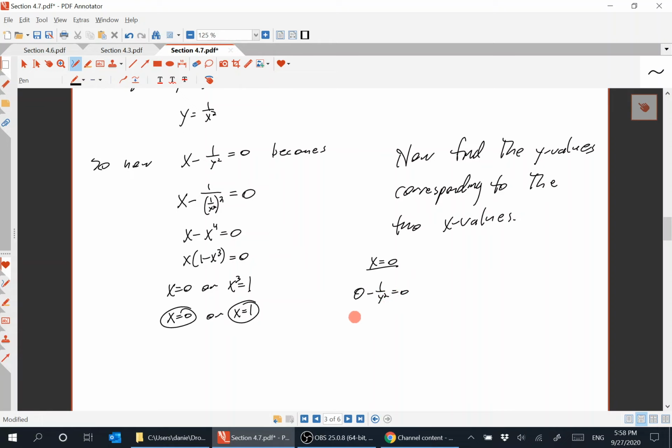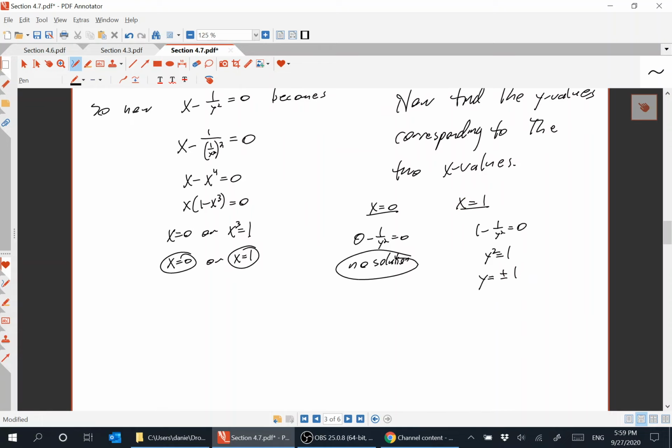So no solution. We can't say y is equal to 0. 1 over 0 is undefined. So no solution here. And then if x is equal to 1, we've got 1 minus 1 over y squared is equal to 0. So y squared is equal to 1. So y is equal to plus 1 or minus 1.